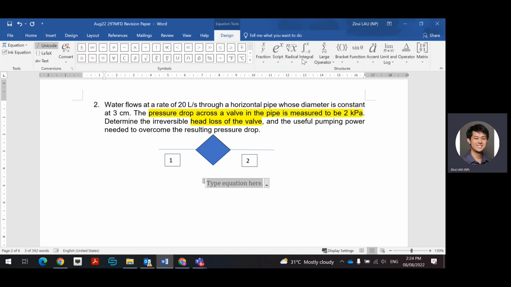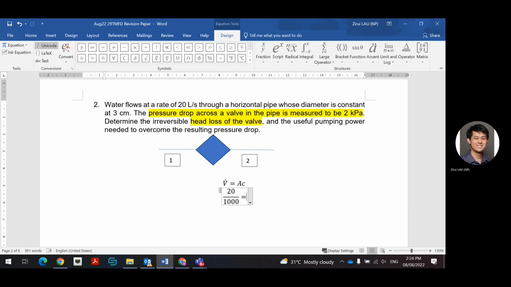V dot is equal to A times V. So V dot we have, what is V dot? V dot is 20 liters per second. So liter changed to meter cubed is divided by 1000.